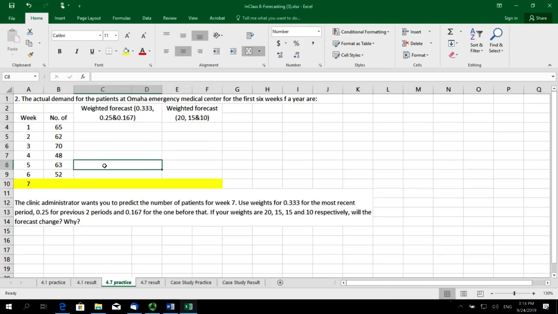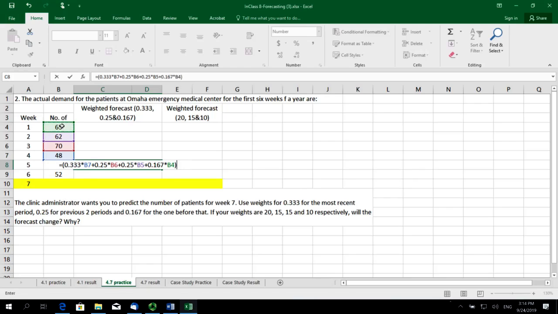For this one, we need to use 0.333 times 48 plus 0.25 times 70 plus 0.25 times 62 plus 0.167 times 65, and then divide by all the weights, 0.333 plus 0.25 times 2 plus 0.167.